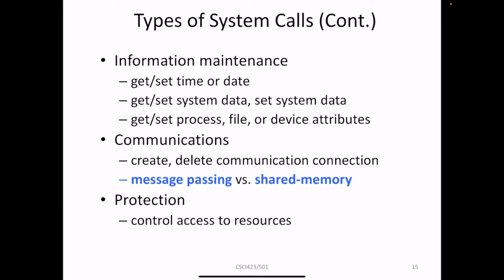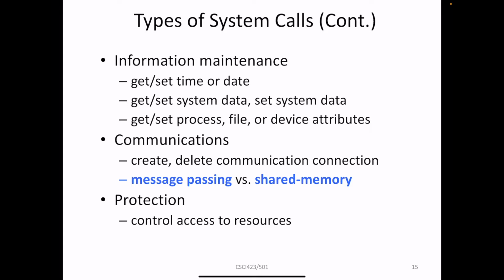Message passing is not only widely used by multiple processes within the same computer, but can also be used by multiple processes to communicate with each other across different computers over computer networks.